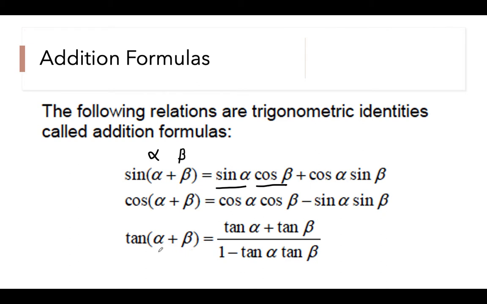And lastly, we have tangent, which is a fraction: tangent alpha plus tangent beta over 1 minus tangent alpha times tangent beta. Please keep in mind, you don't have to memorize it necessarily, but you need to know how to use it.